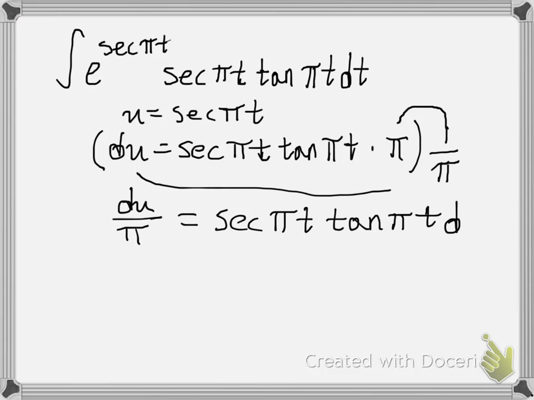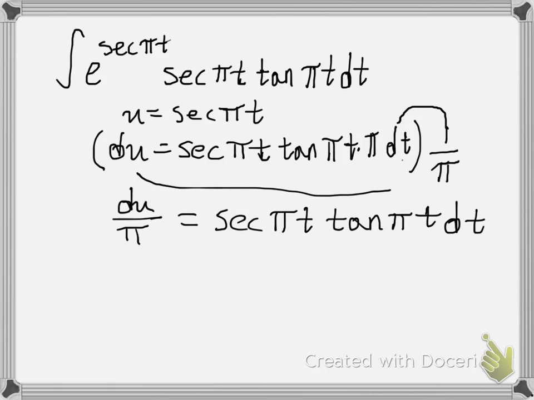And then, of course, the dt. I forgot the dt over here, it should be times pi dt. But anyway, when we divide by pi, we have the pi over there, and now we're ready to go.